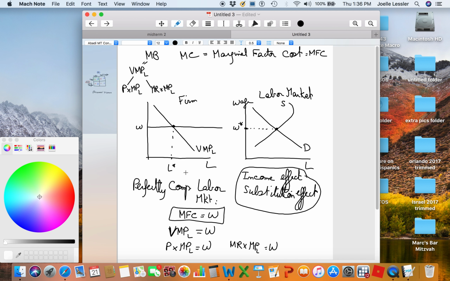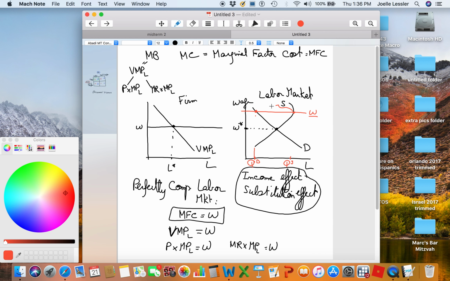Okay, so in such a situation, what happens if the government imposes a minimum wage? That would be a case where the minimum wage is above the equilibrium wage for it to be binding. In that case, this would be the quantity of workers demanded and this would be the quantity of workers supplied.